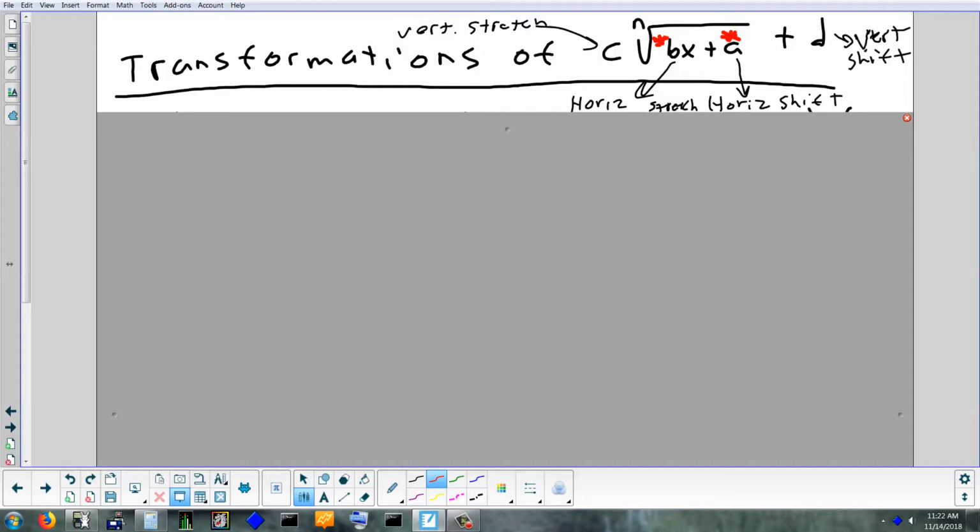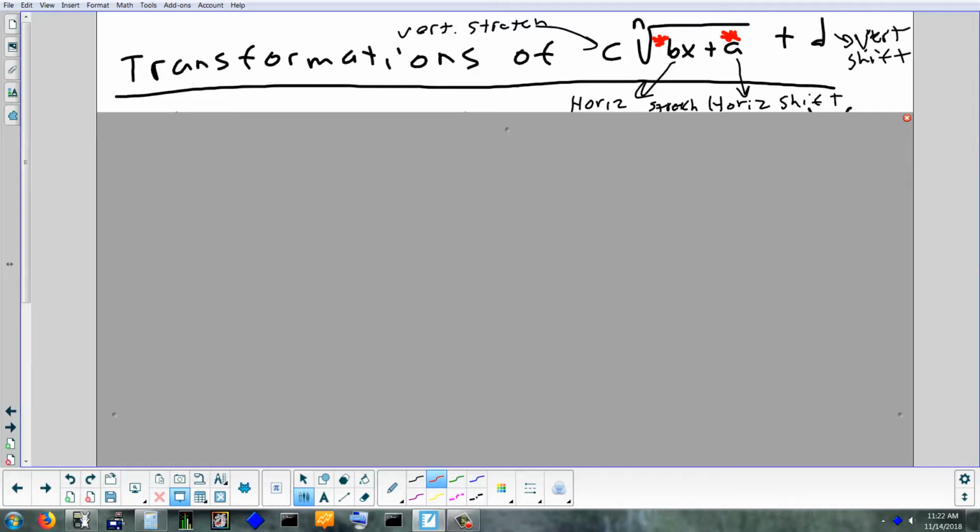Well, you might think if you put a big number in for B, like 20, it's going to make it 20 times bigger. No, 20 would actually make it 20 times smaller, so it would compress it by a factor of 20. If you put in a small number for B, like 1/3, small numbers actually make it bigger, so 1/3 would stretch the graph out 3 times as much. A 1/4 would stretch it 4 times as much. 1/20 would stretch it 20 times as much. So A and B do the opposite.